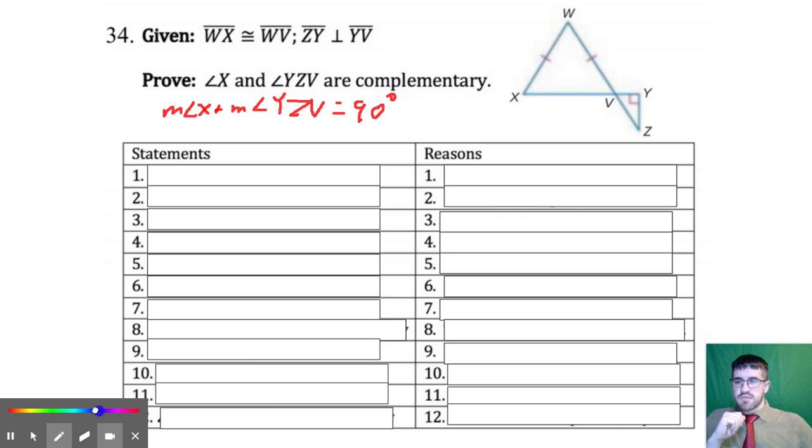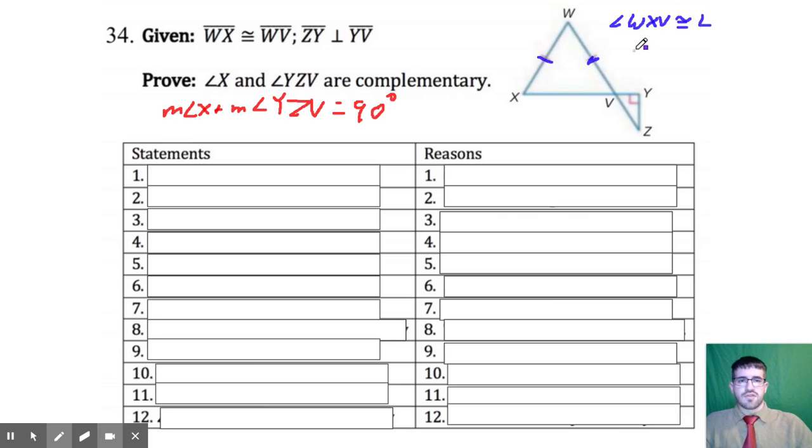Then looking at this problem, we have 2 congruent segments, segment WX and segment WV. And one thing we've been seeing a lot lately is that we're going to be using the isosceles triangle theorem. So just by those congruent segments, we also know that angle WXV is congruent to angle WVX.